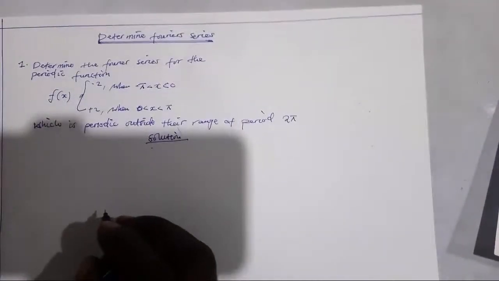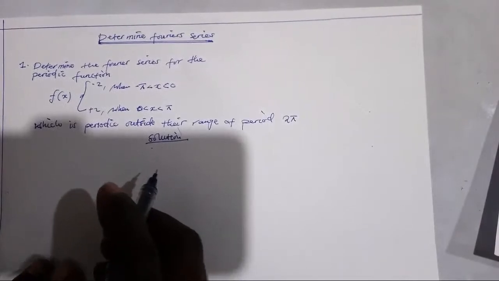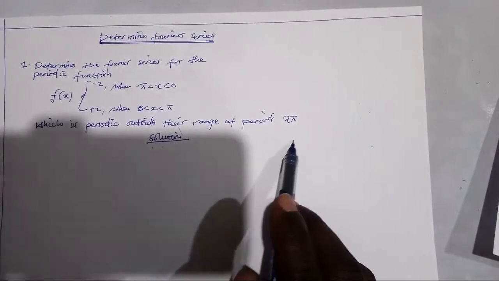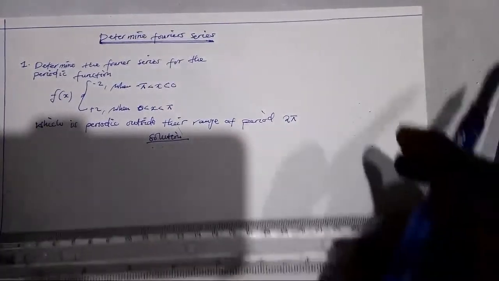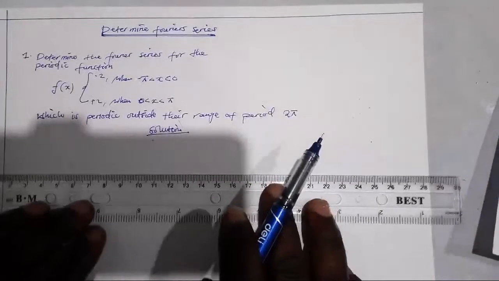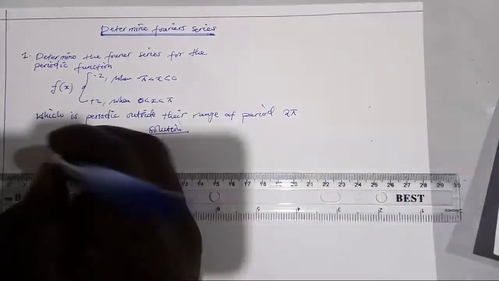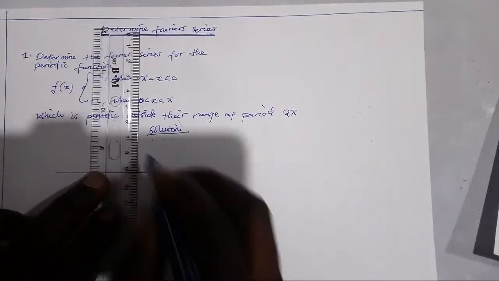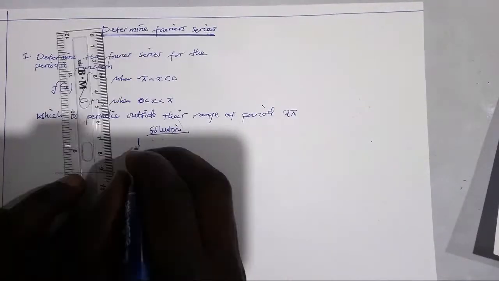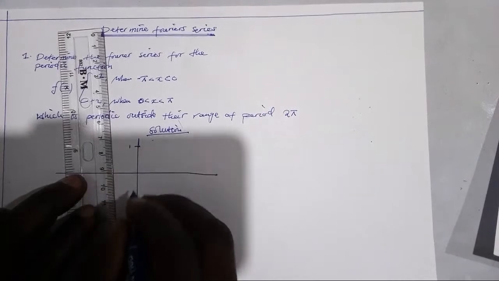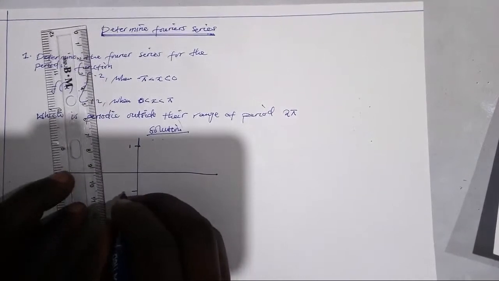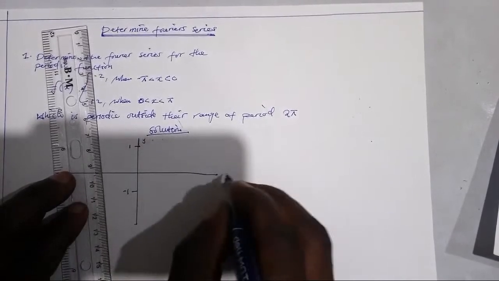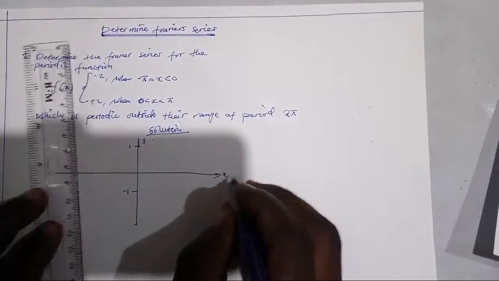First of all, for you to know this range which they are talking about, you have to draw the graph. The graph will look like this one. This is positive 1 and this is -1 on the y axis. This is the x axis.